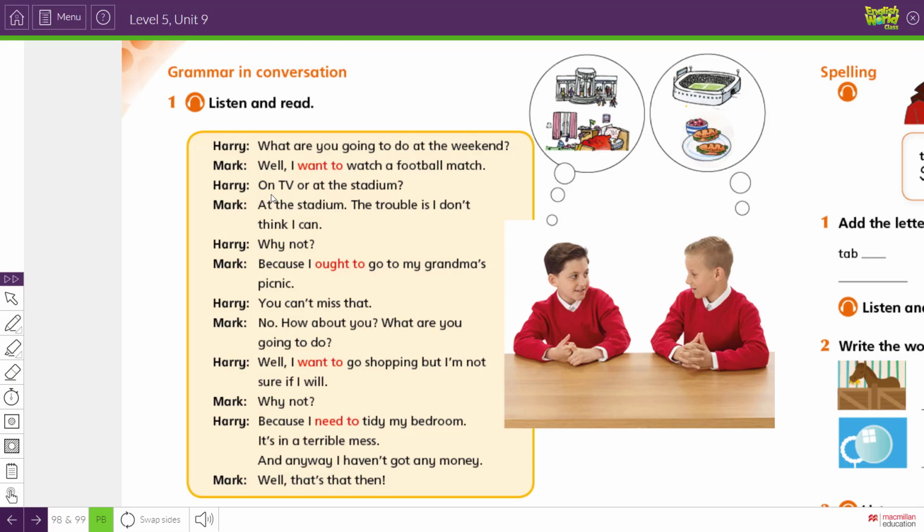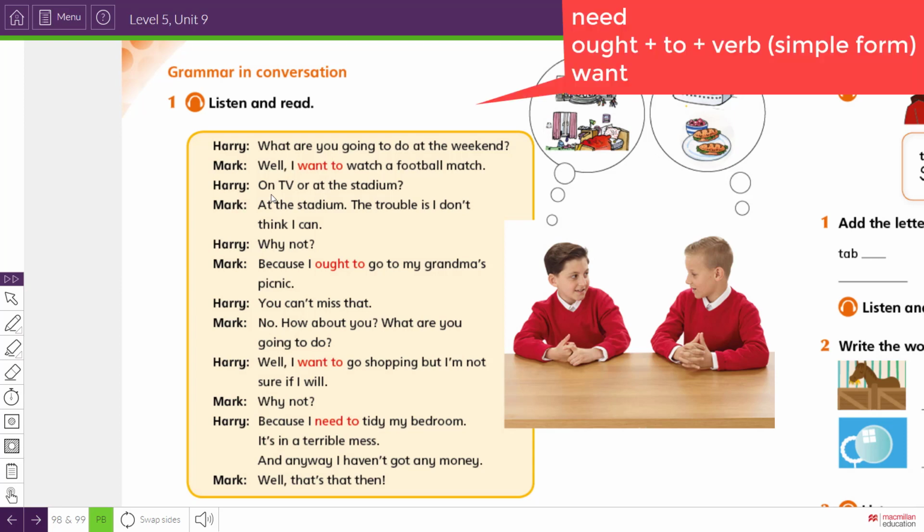We are going to differentiate between want to, ought to, need to. Are they the same? Or are they different? Okay, they are different. The only thing that they are the same in is they are all followed by the clean form of the verb, infinitive. But what are the differences among them?